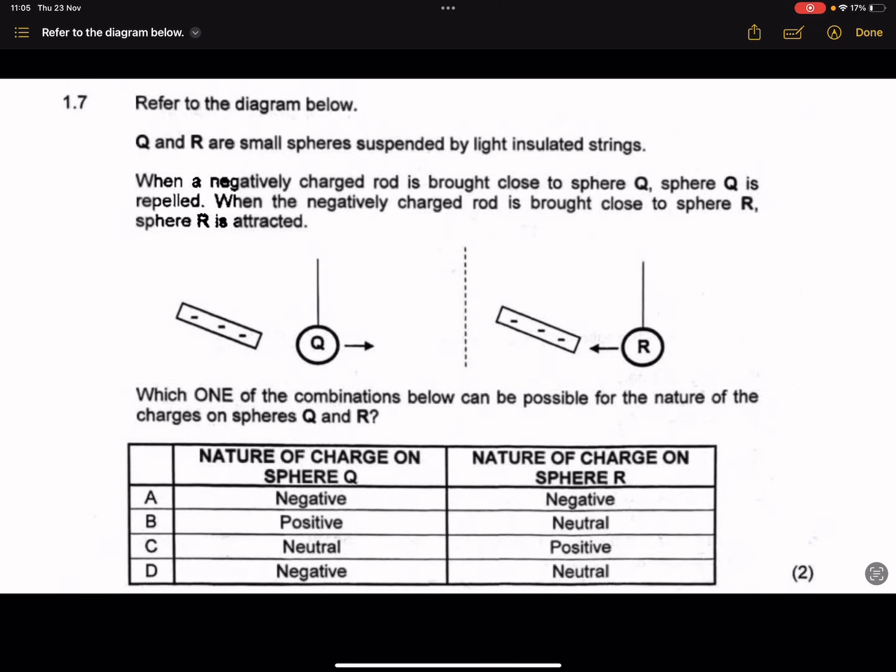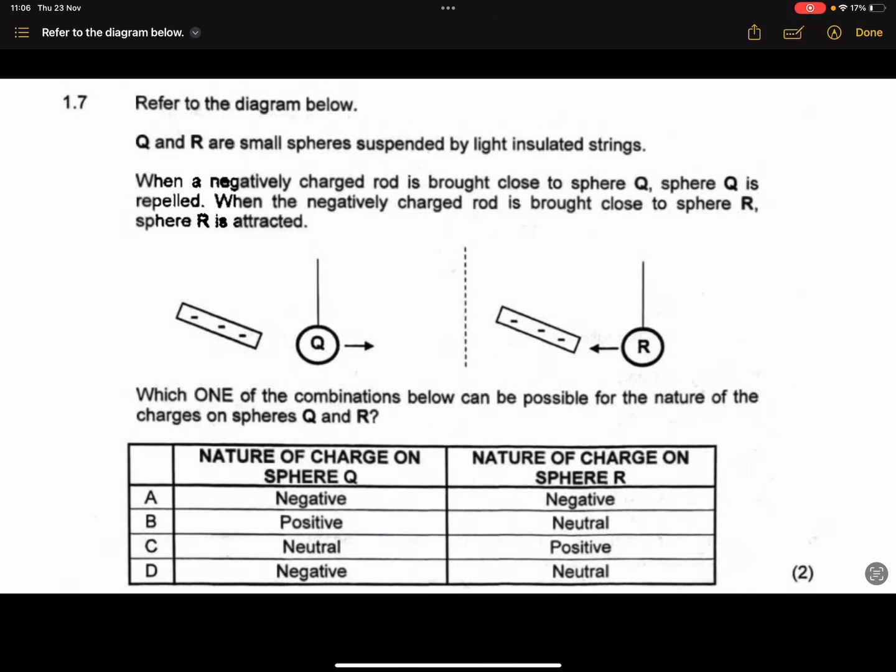Remember that like charges repel each other, so that does tell us that Q should be negative, right? Okay, and what about R? They say when the negatively charged rod is brought close to sphere R, sphere R is attracted, so that does tell us that R must be positive, right?